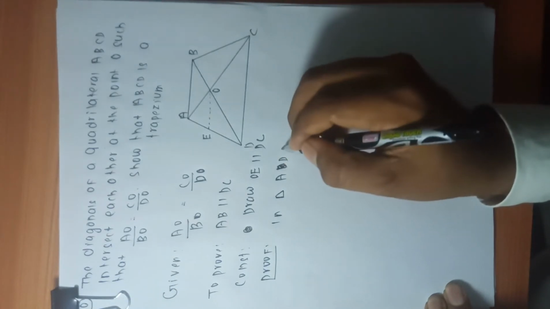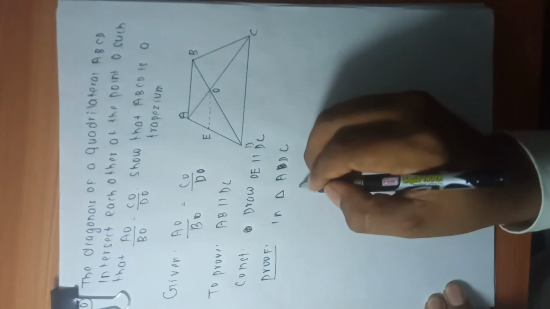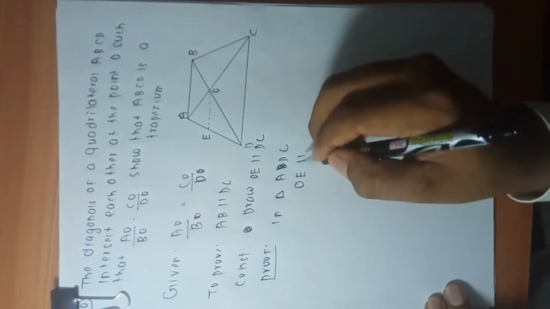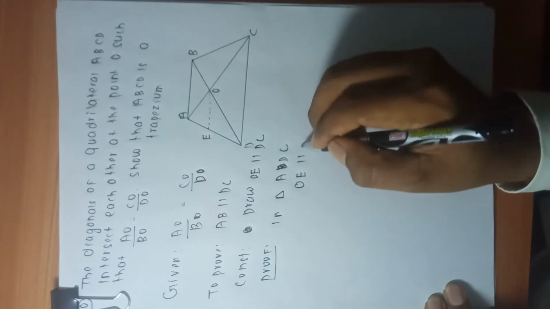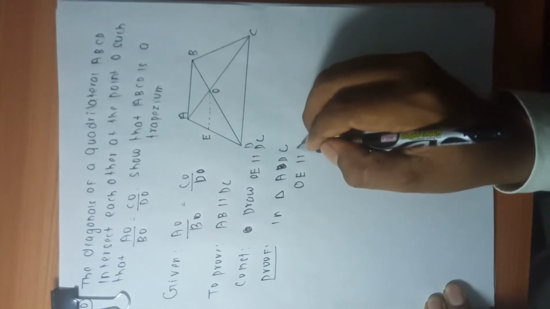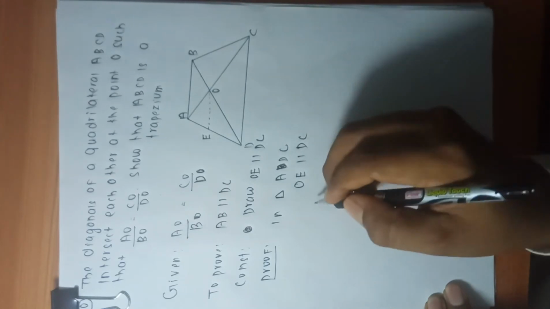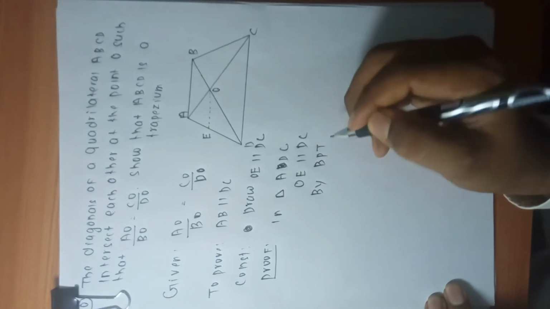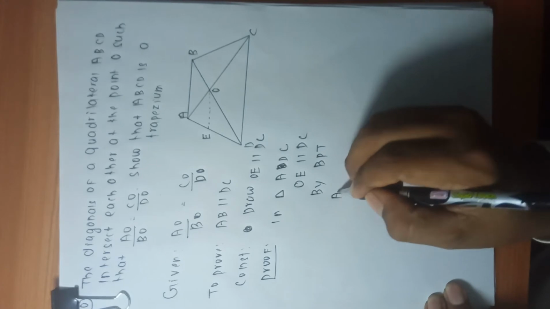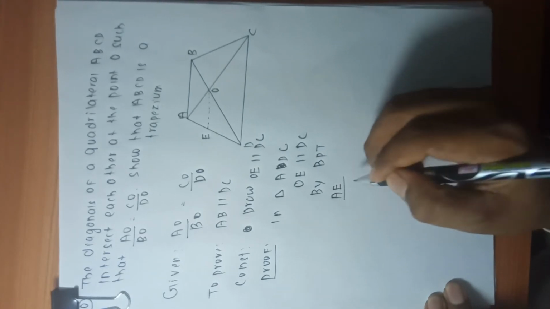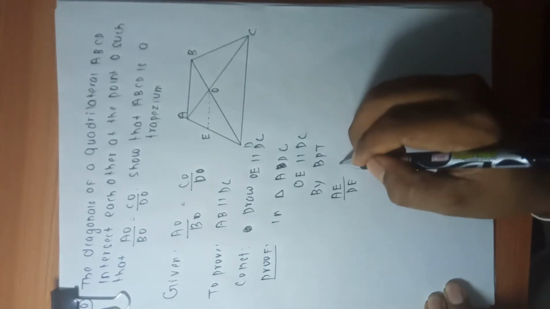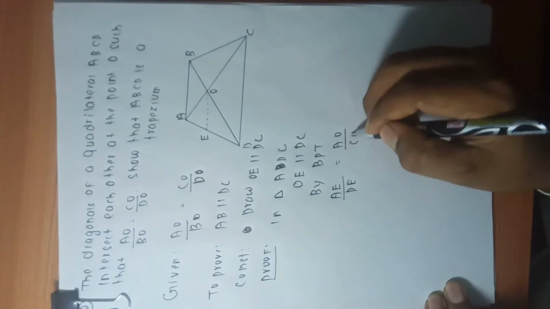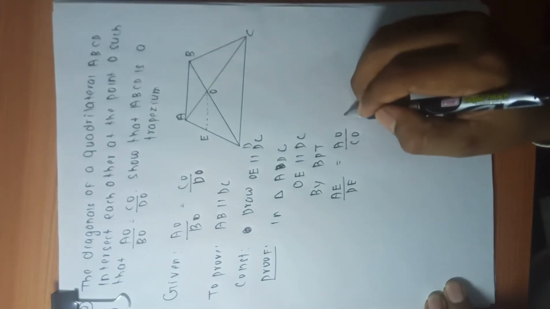In triangle ADC, OE is parallel to DC by construction. So by BPT we can write AE by DE equals AO by CO.